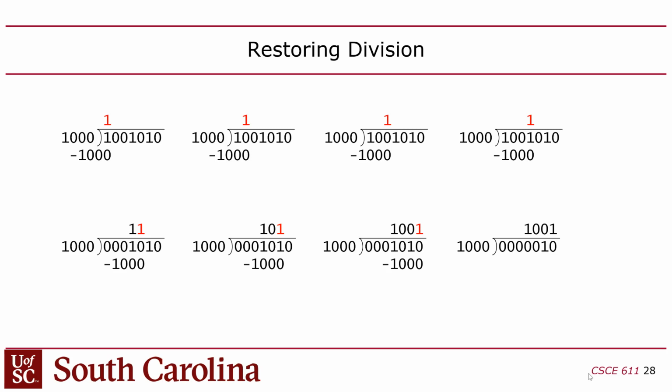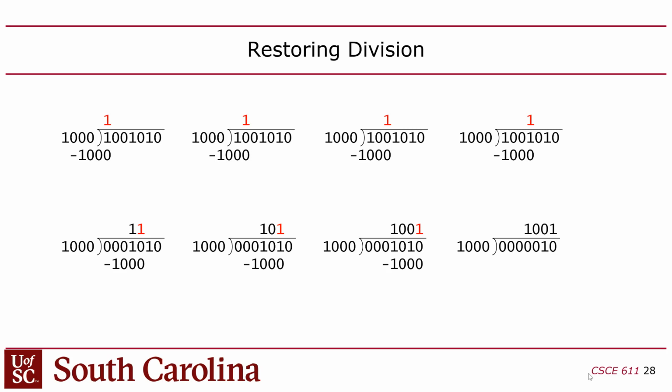So basically the idea is that you can shift the divisor to the left relative to the dividend, or you can shift the dividend to the right relative to the quotient. But either way, the point is that you're taking shifted versions of the divisor and subtracting it from the dividend, which is actually put into a register called the remainder register.